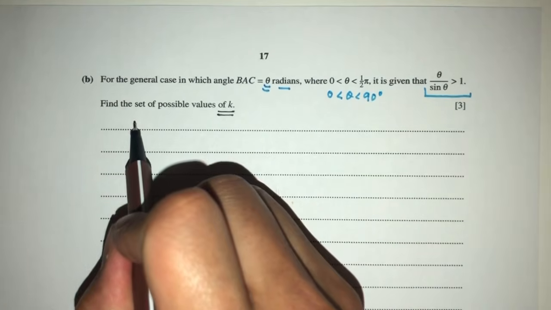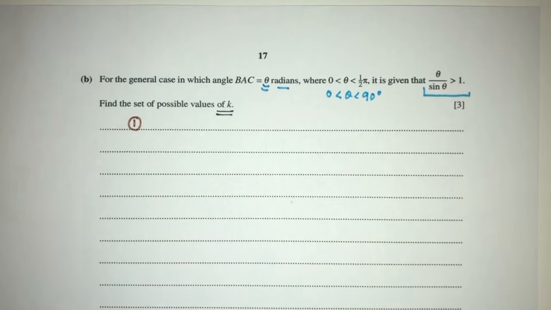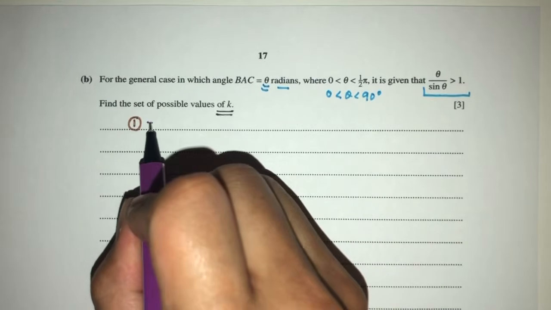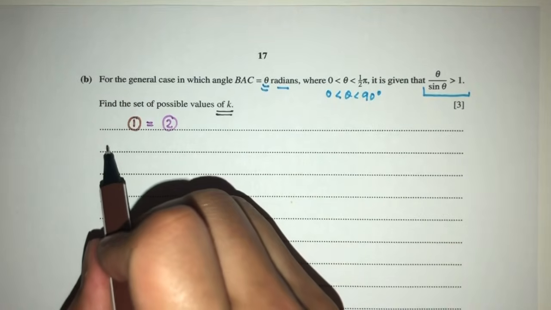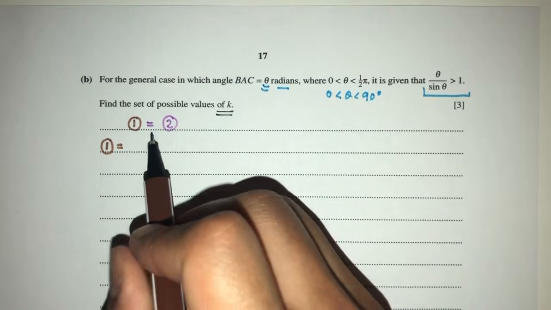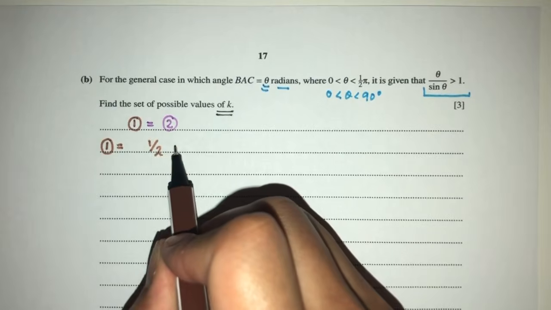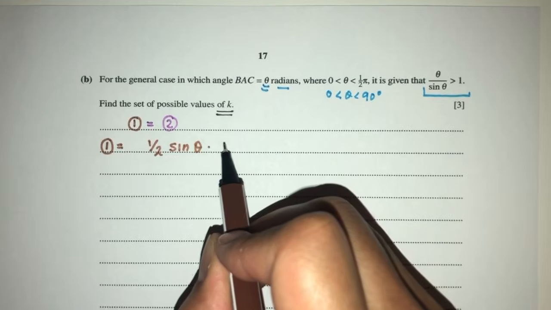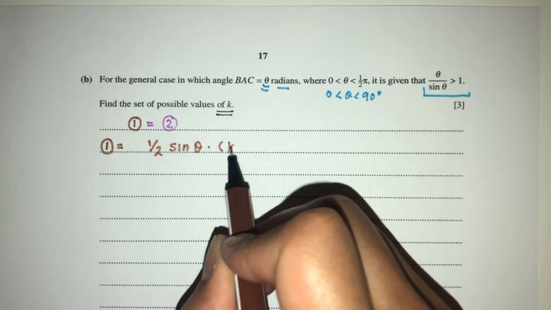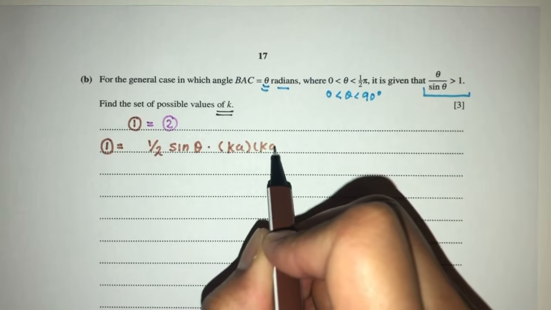The idea is that area number 1 is equal to area number 2. As you have seen before, area number 1 was equal to half times the sine of the angle times the two sides, which was KA times KA.